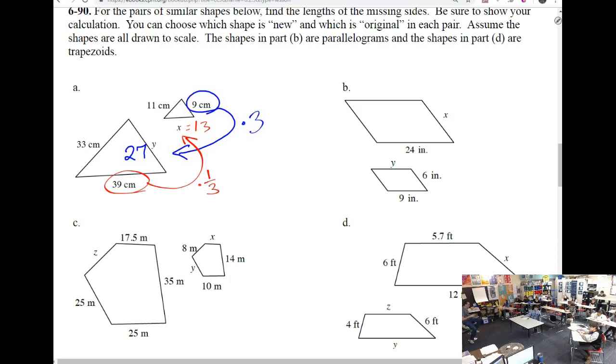Wrong answer should be motivation. Oh, by the way, I have your test totally done. We're going to go over those on Friday. Oh, it's wonderful. About 30 seconds.